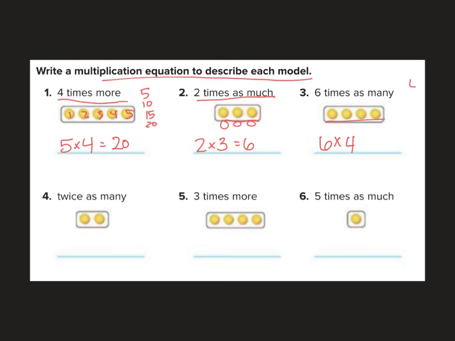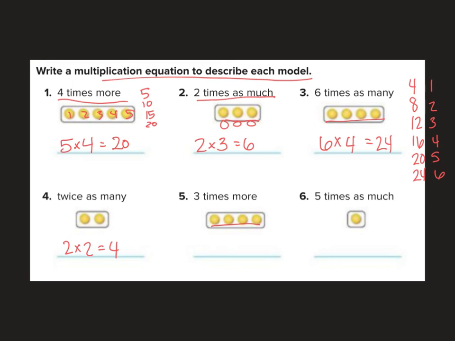So I'd 4, 8, 12, 16, 20, 24. That's 4 times, so that'll be 1 group, 2 groups, 3 groups, 4 groups, 5 groups, 6 groups is 24. Twice as many as 2 is 2 times 2 equals 4.